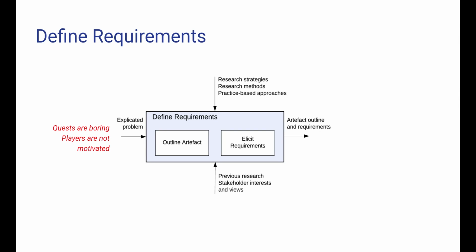And as a knowledge base, we will make use of the previous research, but we will also make use of stakeholder interests and views. And there are two sub-activities in this Define Requirements activity, Outline Artifact and Elicit Requirements, and we will have a look at each of these.